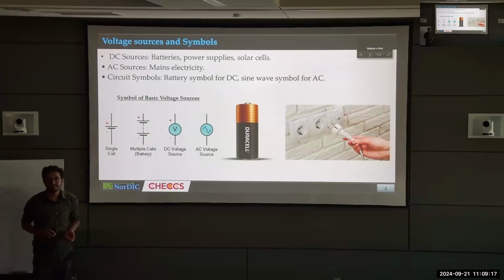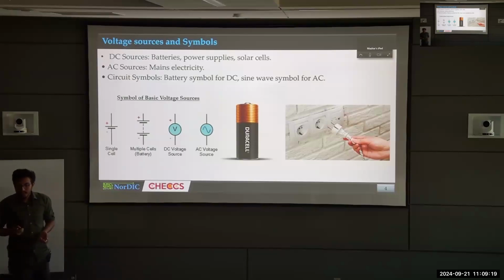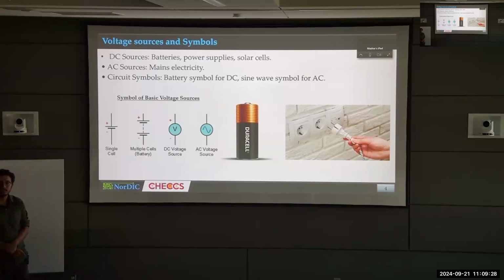In other words, if you are talking about resistance, which is the circuit component he's talking about, it really doesn't matter if the current goes this way or the other way. But for some components that we will see, it is important for us to know which direction the current is going. So we have to design the circuit to give a current going in a certain direction rather than the other.